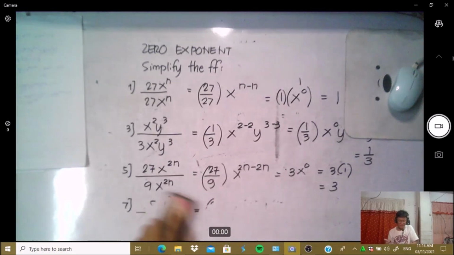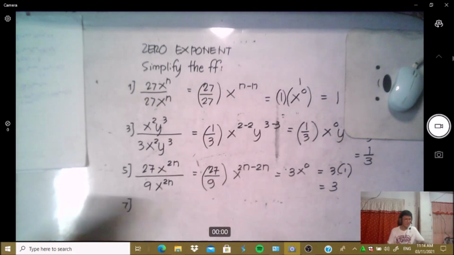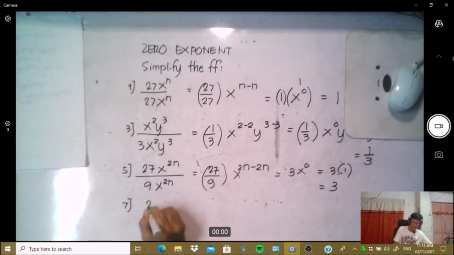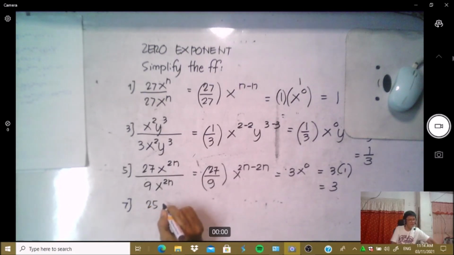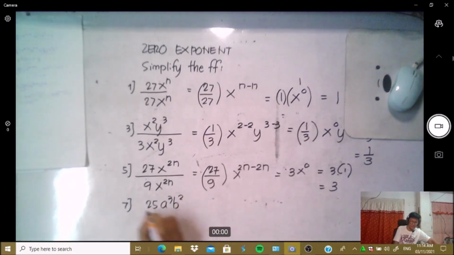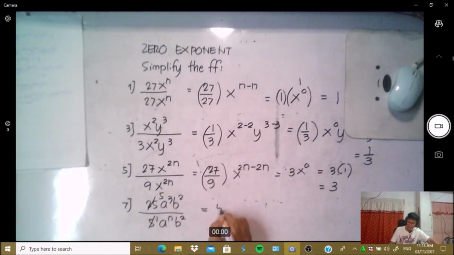Okay, so I will show you for number 7, we have 25 a cubed b squared divided by 5 a raised to n b squared. We can just divide 25 by 5, which is equal to 5.